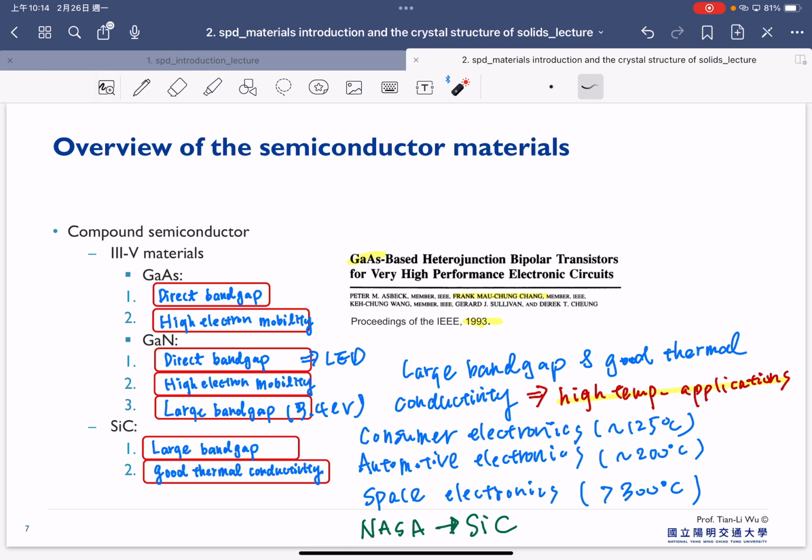And if you go to IEEE and look at journal papers like IEEE Electron Device Letters, you will find that NASA has already published several good results related to silicon carbide circuits for environments with temperatures higher than 500 Celsius.